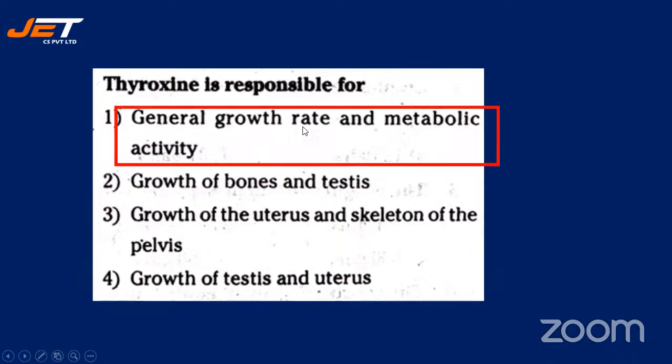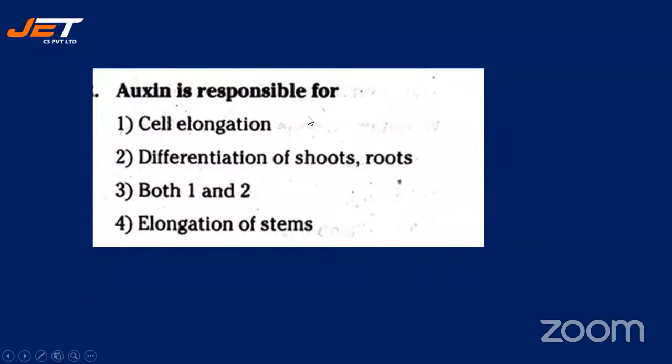Yes, it is option 1, general growth rate and metabolic activity. Very good. Almost everyone has given me the right answer. Good. Let us move to the next question. Oxygen is responsible for.